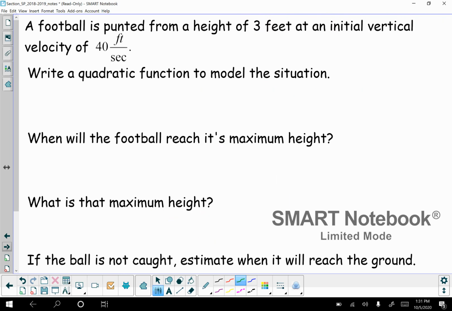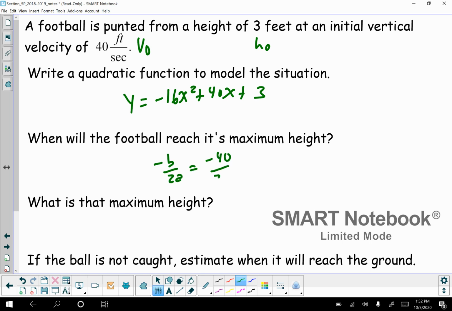A football is punted from a height of 3 feet, so that's H naught, with an initial velocity, which is V naught. So y equals negative 16x squared plus 40x plus 3 is going to be our model. When will it reach its maximum height? So I get negative b over 2a. So negative 40 over 2 times negative 16. So negative 40 over negative 32. And then figure out the decimal. 40 divided by 32.